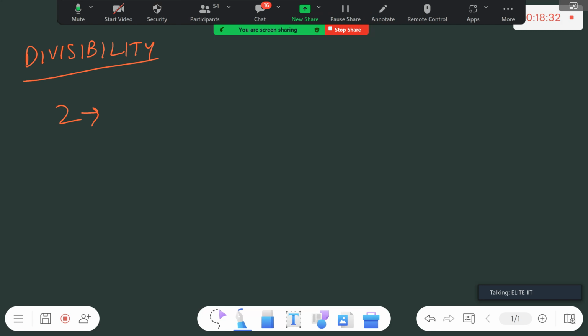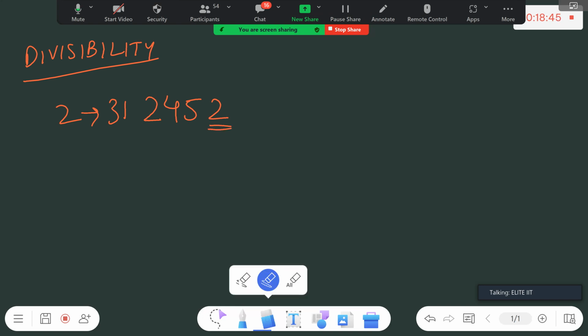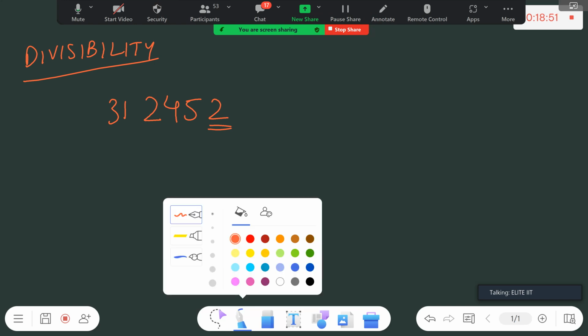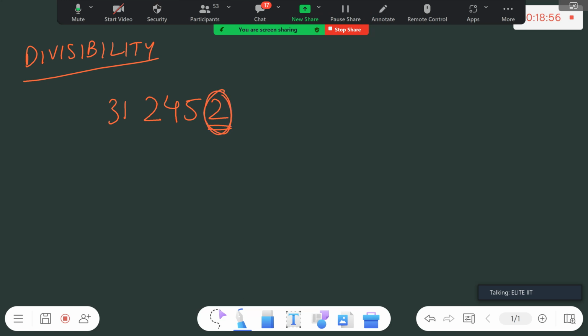If the last digit of any number is even, meaning 2, 4, 6, 8 or 0, then this number will be divisible by 2. Okay?